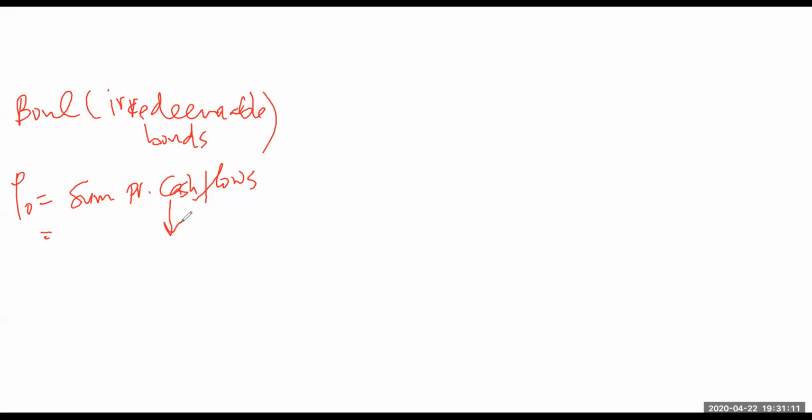You look for the present value of the cash flow depending on the number of periods we have. So the question is, what are these cash flows now? These are bonds which will be redeemed, so there'll be a redemption value.